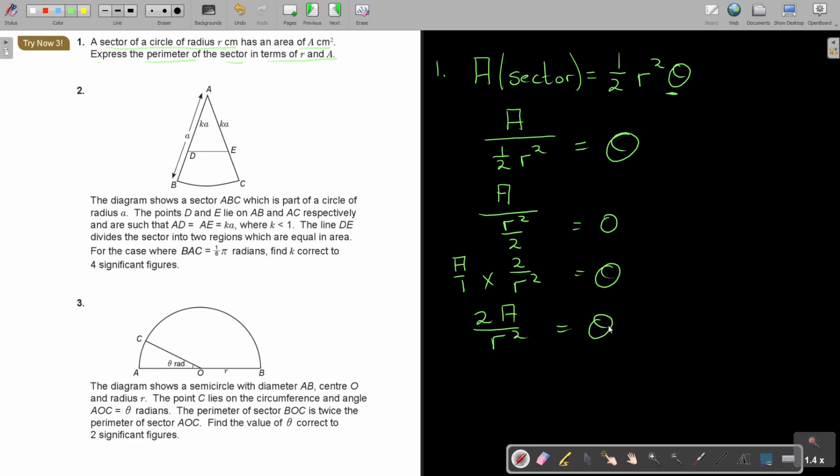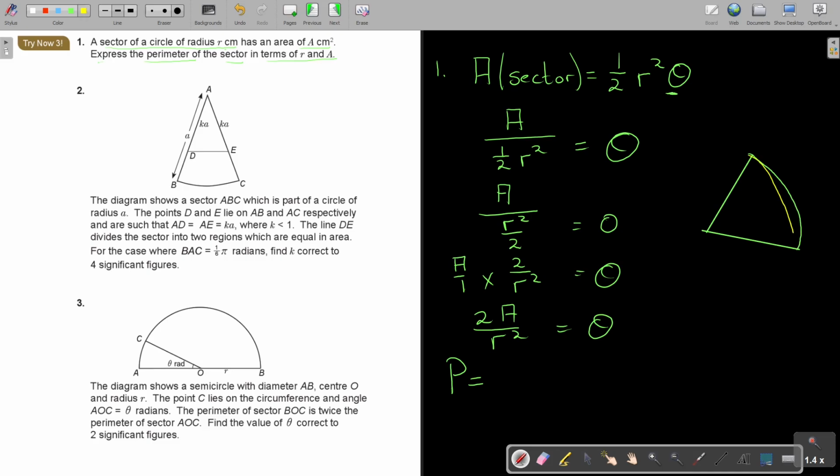Okay. And now I want the perimeter. So what is the perimeter? The perimeter, but don't forget, the sector, can I just show you? Say, for example, you must not forget this part. Okay. I'm first going to find this part.